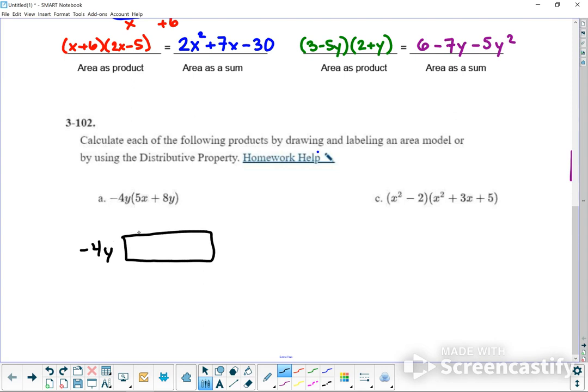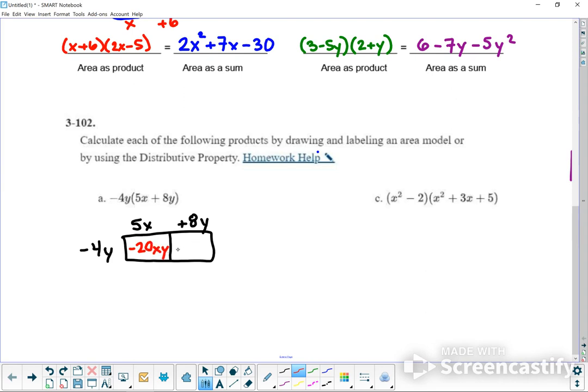So we have negative 4y, and then we have 5x plus 8y. I'm going to go ahead and figure this out. So negative 4 and 5 is negative 20, and this makes xy, because we have an x and we have a y.